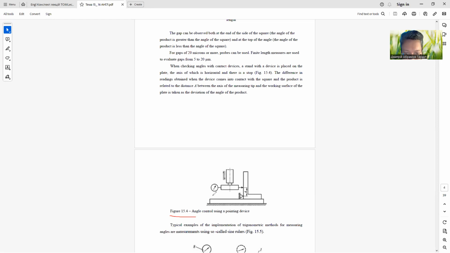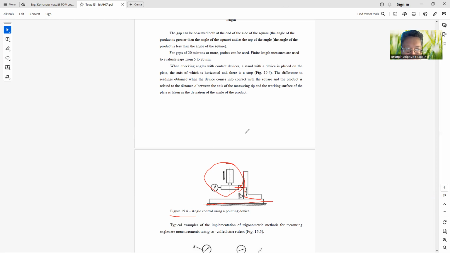You can see the contact device. Stand with the device is placed on the plate, the axis of which is horizontal, and there is a stop. It's the plate, and it's the square.